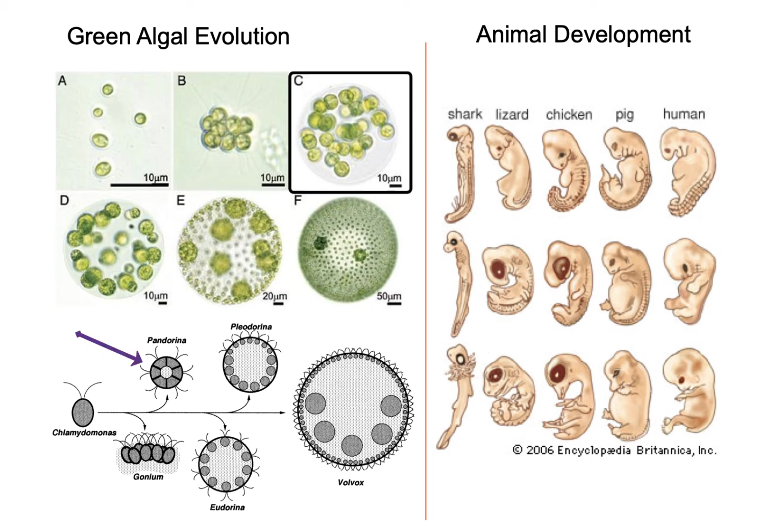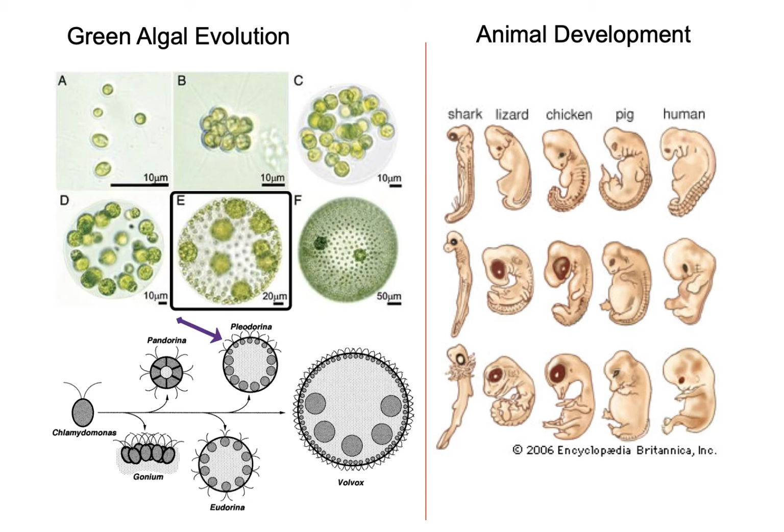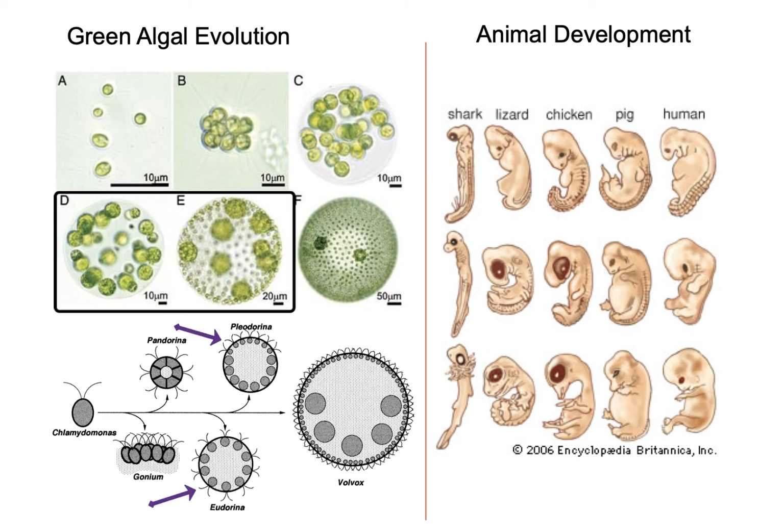As the complexity of these aggregations grows, some of the cells become differentiated from the other cells. By the time you get to Eudorina and Pandorina, some of the cells are primarily photosynthetic, and other cells are structural, and then other cells actually have flagella, so they move the entire organism around.